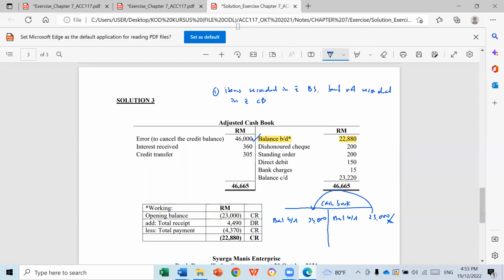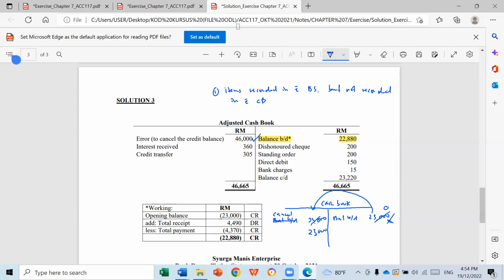This is how you record it. The first 23,000 is to cancel the error, so that the 23,000 on the credit side becomes zero. But this just cancels each other. To show the balance as 23,000 on the debit side, you add another 23,000.